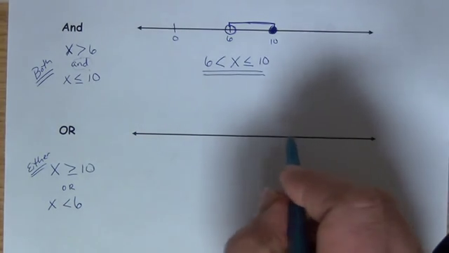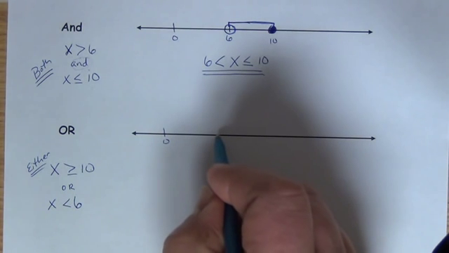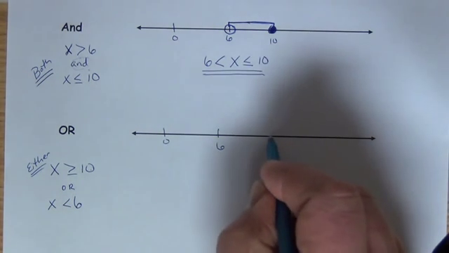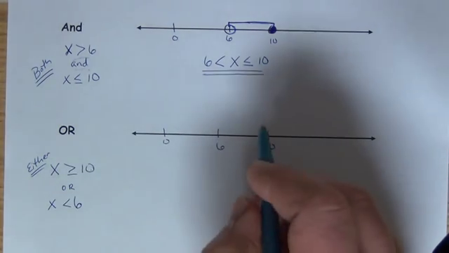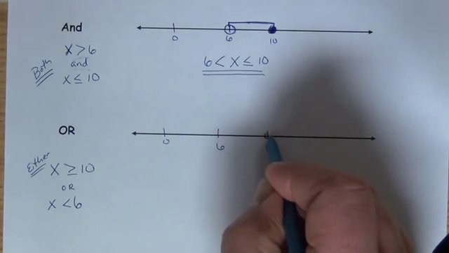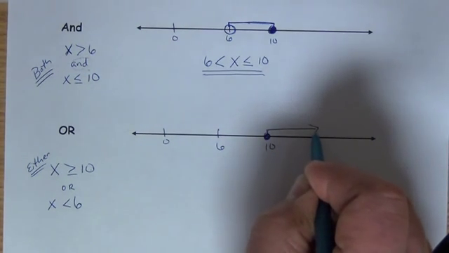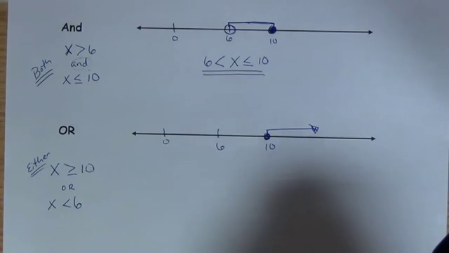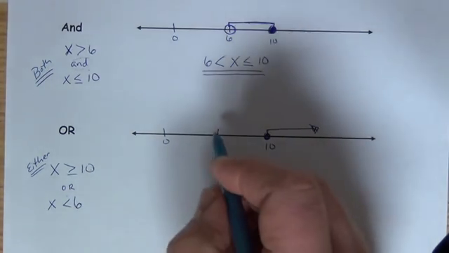So numbers that are bigger than or equal to 10, let's identify our 0. And let's say here's our 6 again, and here's our 10 without putting in the whole scale. Numbers that are bigger than or equal to 10, well, again, I would use a closed circle, and all the numbers that are larger than or equal to 10 exist out this way on the number line. Or I'm looking for numbers that are smaller than 6.